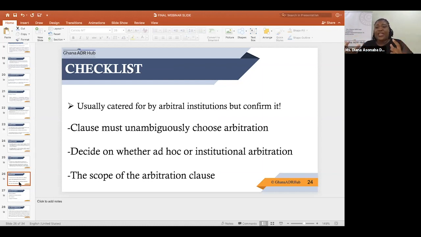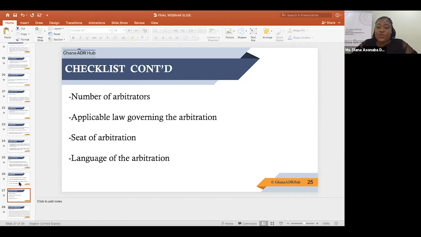If you're saying that he can, for instance, give an award, but the arbitrator cannot give punitive damages, it means that if he does that, the arbitrator or the arbitral tribunal has acted outside their jurisdiction. So the scope of the arbitration clause: what kind of disputes do you want it to cover?